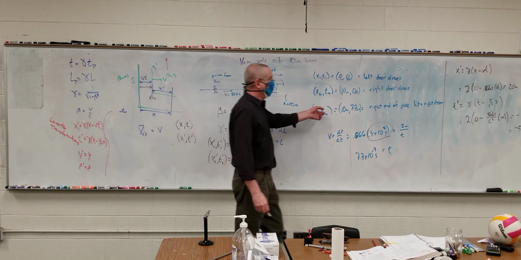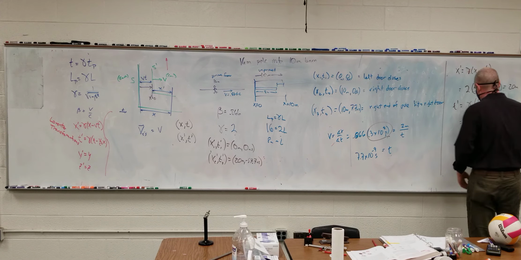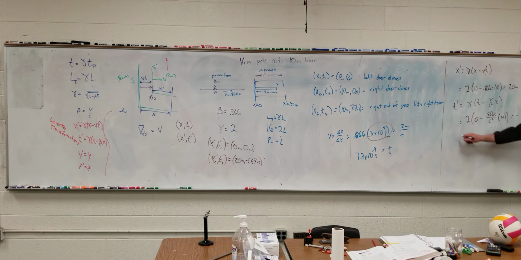And then crashing the pole through. Let's plug it into that equation right here. So for x3, it's 2 times x, which is 10 meters, minus v, 0.866 times the speed of light, times time, which is 7.7 times 10 to the negative 9.